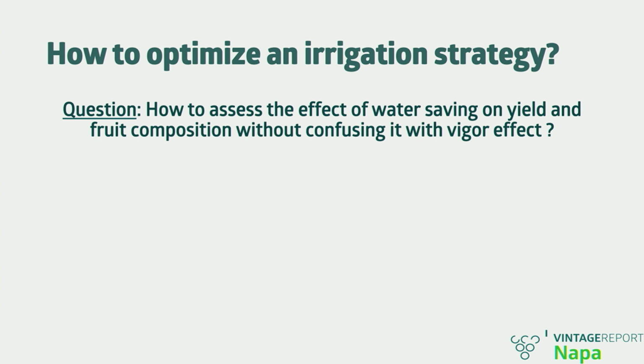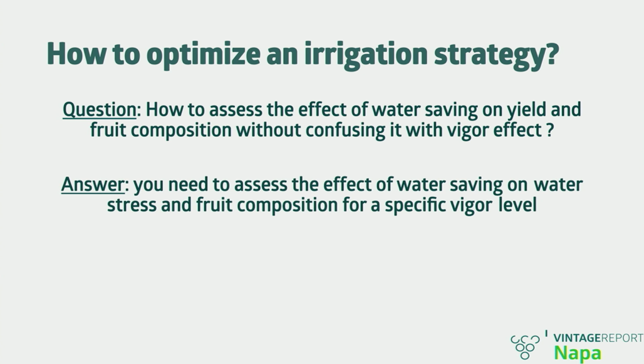And she came up with the question: how can we assess the effect of water saving on yield and fruit composition while not confusing them with the effect of vigor variations? And it's a difficult question, because if you try to monitor the vineyard from an atmospheric perspective, you are encompassing high and low vigor zones into your assessment of your irrigation trial.